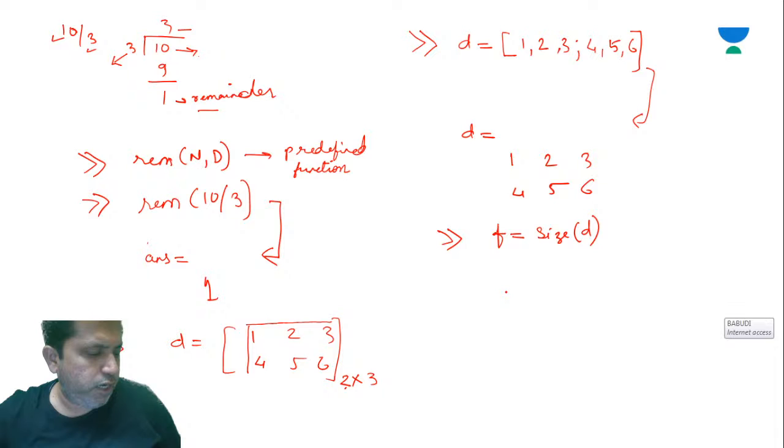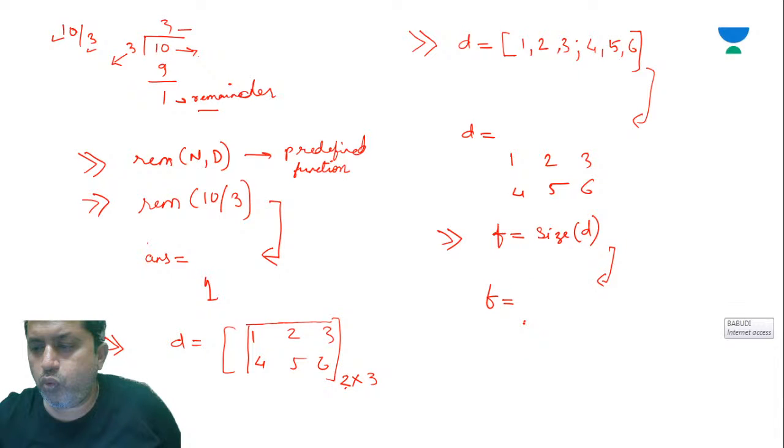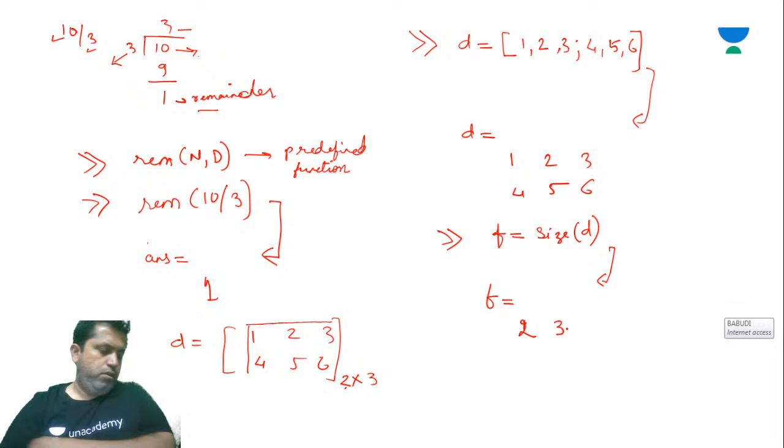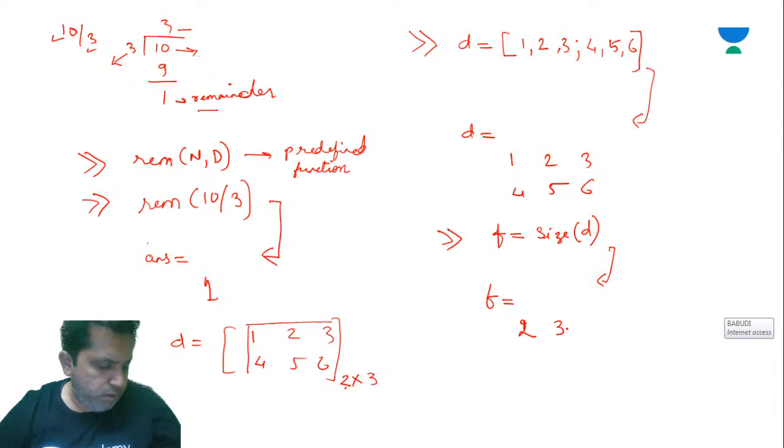If I press enter, it will return f equal to 2 rows and 3 columns.